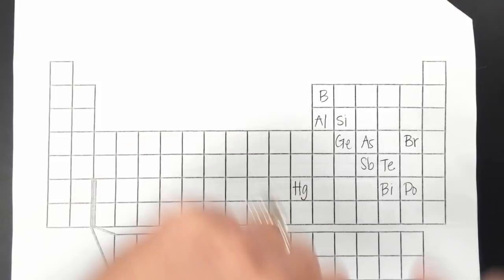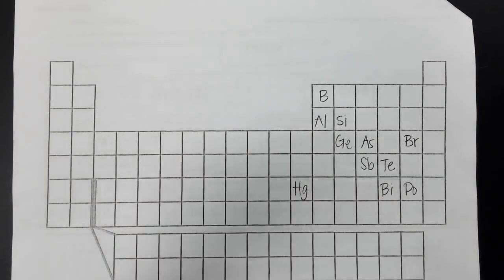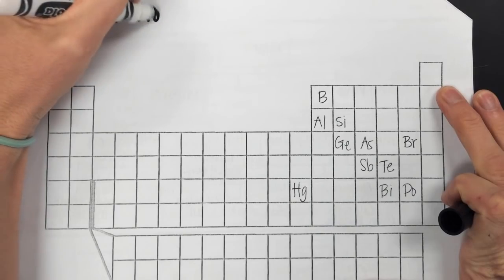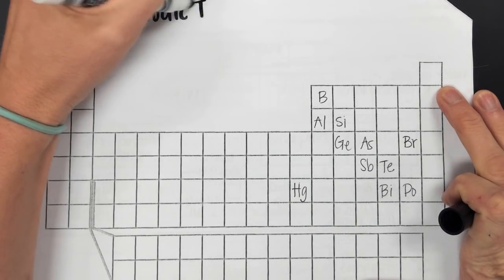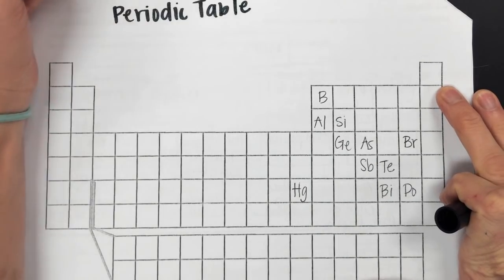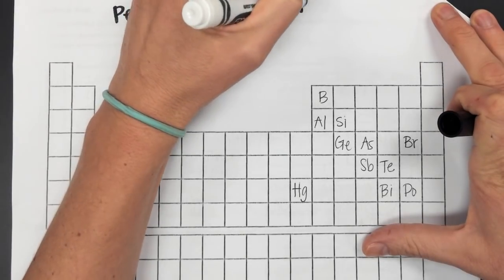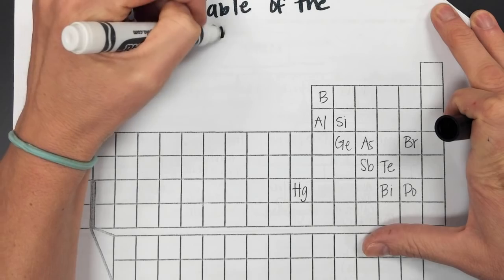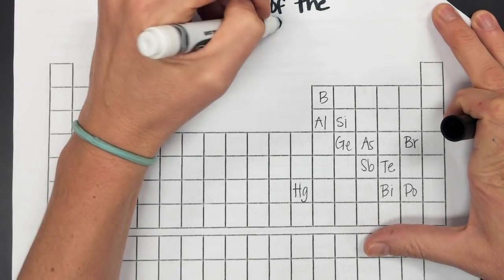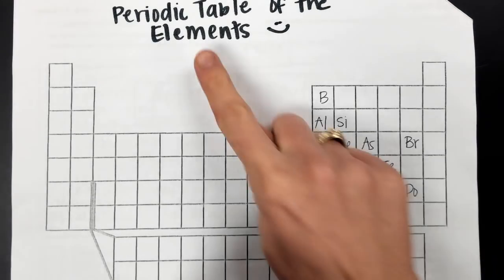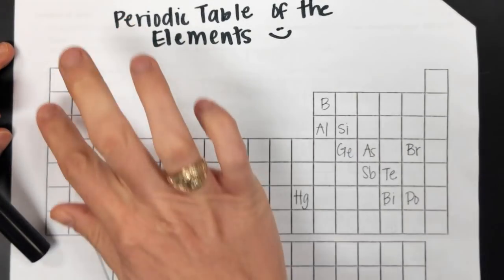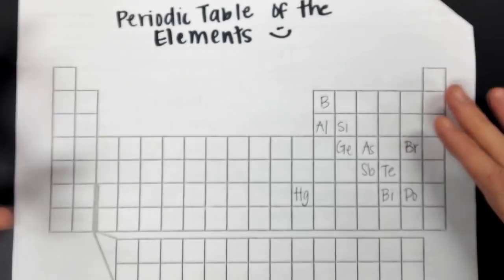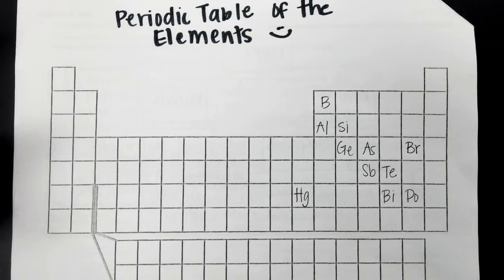So first things first, let's title this the periodic table of the elements. Okay, so the reason I wanted you to do that is because I wanted to point out that every single square on this whole periodic table represents an element.